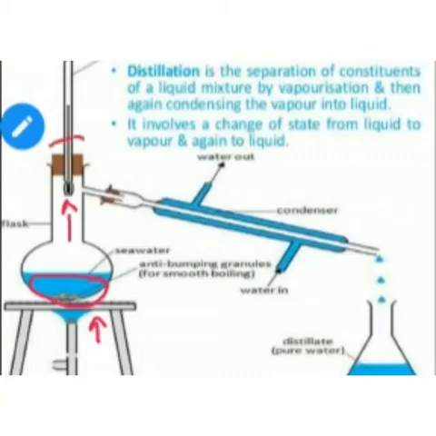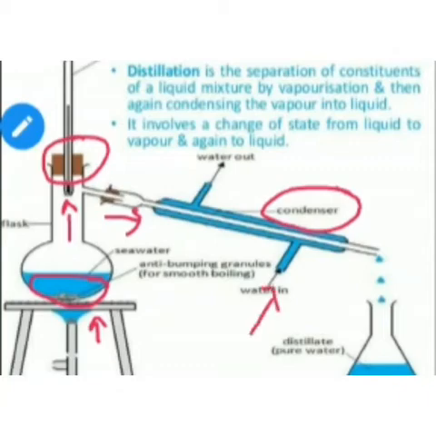As it is sealed over here, it will naturally pass through this column. When it is passing through, there we put a condenser. The main work of the condenser is this: there is a water in pipe and a water out pipe, so water passes through it separately to cool the steam that we are getting through the channel.